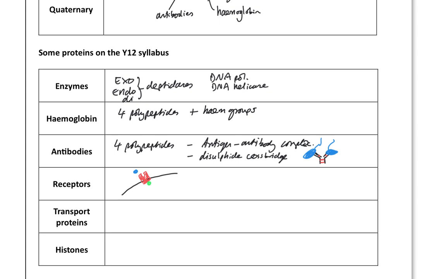Transport proteins, topic 2, which can be things like protein channels. So we get channels, and we get pores as well. Channels and pores. You get pumps as well. I would just call them all transport proteins.